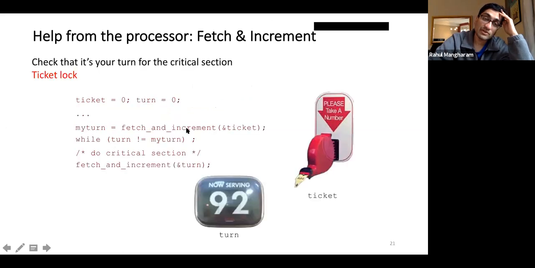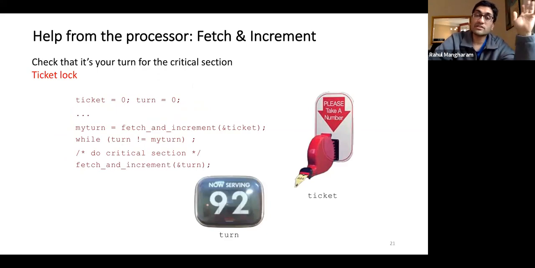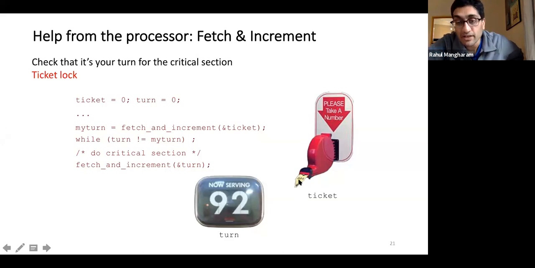But let's see how we would use it. Say the ticket is 0 and the turn is 0 initially. The ticket is basically saying, what is the current value being served? Like now serving 90, the turn is the current now serving value, say it's 92, and you take a ticket, it shouldn't be 84, it should be something more than 92, right? Say it's 95.